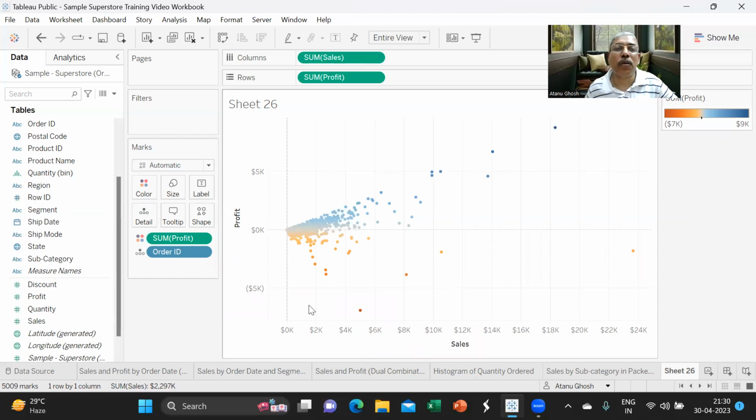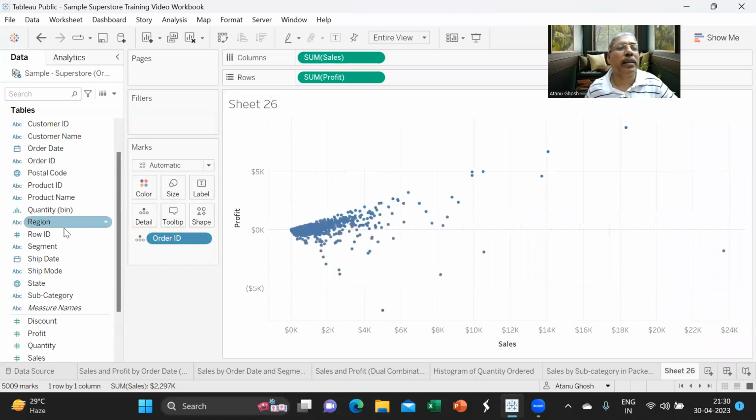But since profit is already given in the form of y-axis, probably we are not using the color palette effectively. So let me not use profit for the color. Let me use subcategory.